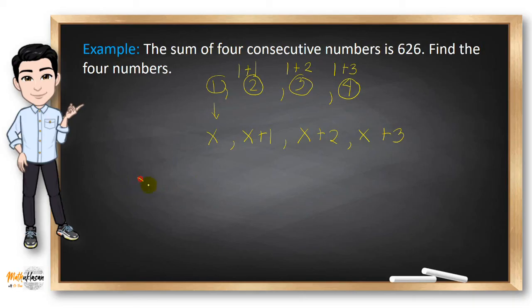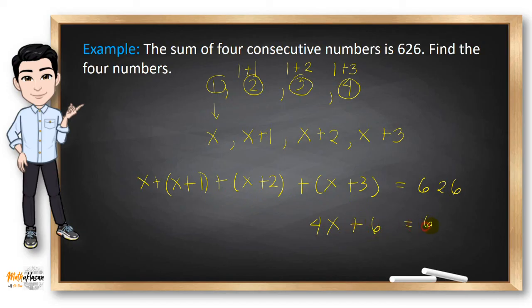Adding these 4 numbers, x plus x plus 1 plus x plus 2 plus x plus 3 will give us 626. By using algebra, x plus x plus x plus x is 4x. 1 plus 2 plus 3 is 6, equals 626.